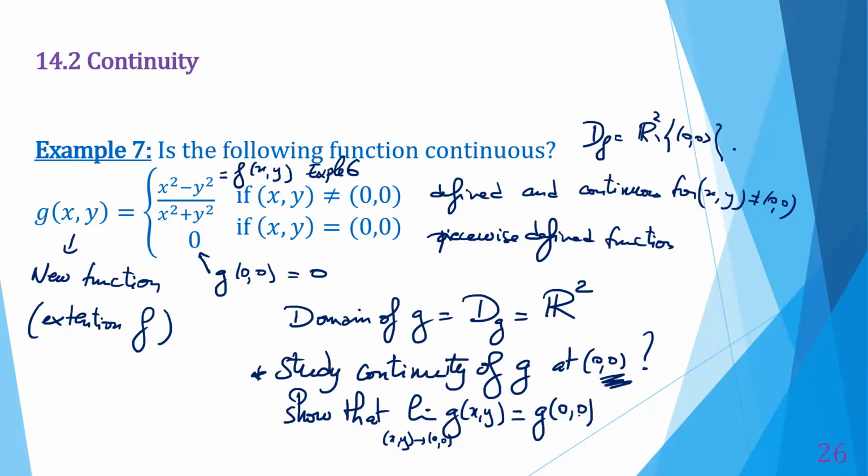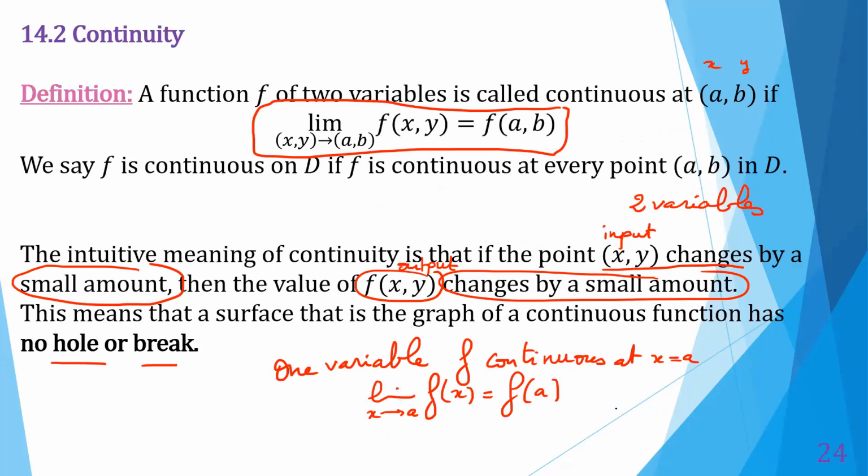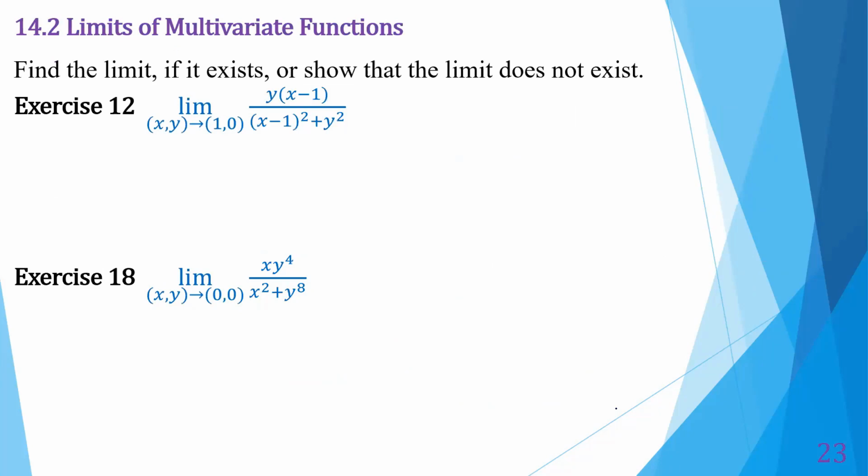And what is the value of g of 0, 0 here? g of 0, 0 is this. So we have to show that the limit of this function g at 0, 0 equals 0. Okay, I expect we saw this, x squared minus y squared over x squared plus y squared, in limits.